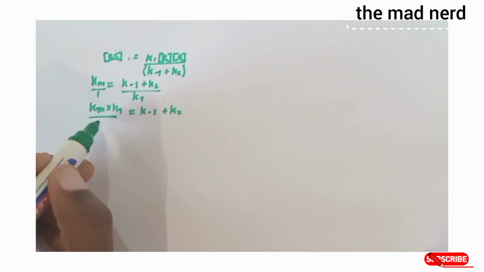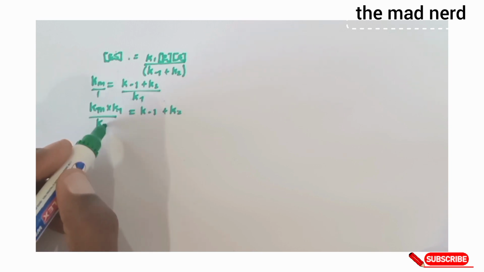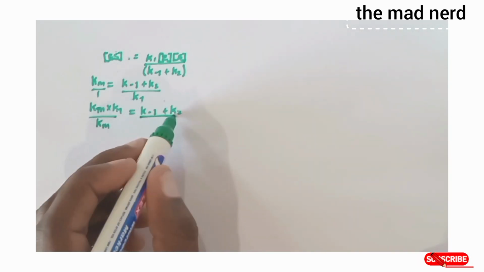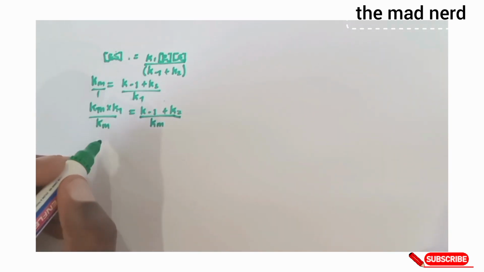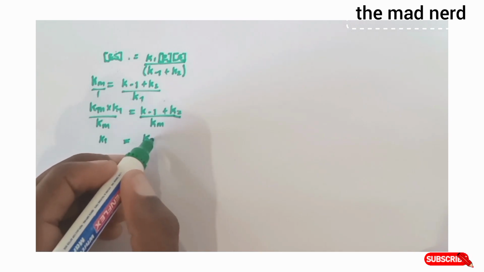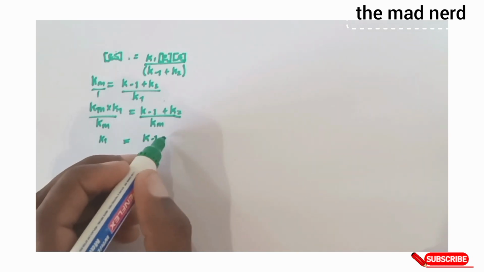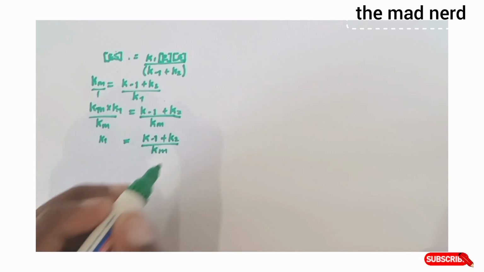And then what you can just do is to divide with the Michaelis constant, that is Km, in both sides, so that you can have a K of +1 on that side only, and then now we end up having the K of -1 plus a K of +2, and then over a Km.